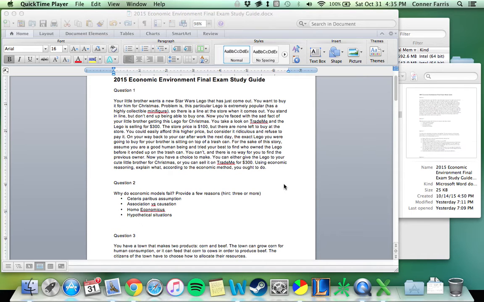It wouldn't be economically reasonable to actually keep this Lego if it was worth $300 and all we valued it before was $100. So, conclusion of this is we're going to sell it, even though, real human speak, I'd probably still give it to my brother, but economically speaking, you have to sell it because you weren't willing to buy it for $100 before, so you have to sell it for the $300 now. Sunk cost fallacy, just a little bit of economic reasoning.